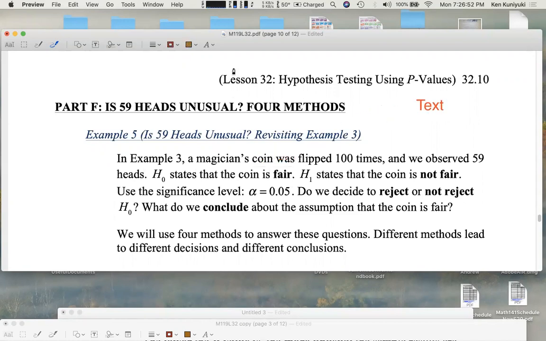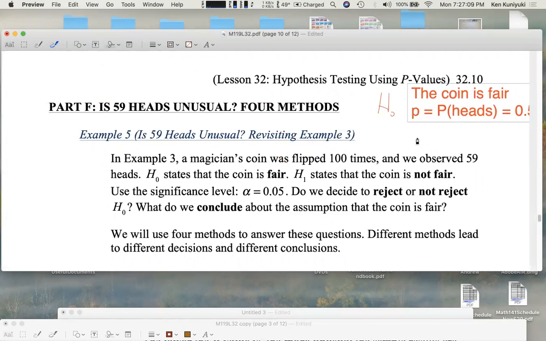Remember, our null hypothesis is that the coin is fair, or P, the probability of heads, is 0.5.